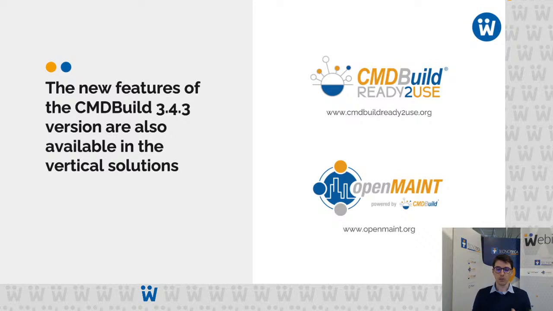All these features that I've described until now are the main features that we have released. But in this version, we have also made several bug fixes and improvements to the usability.